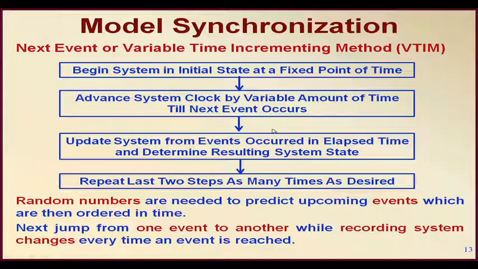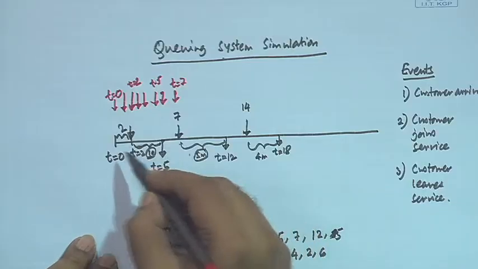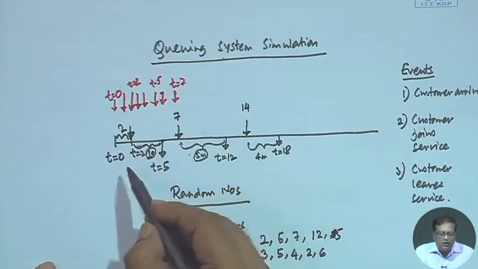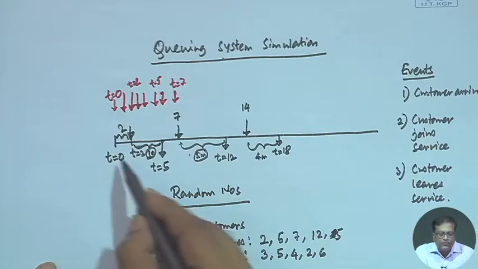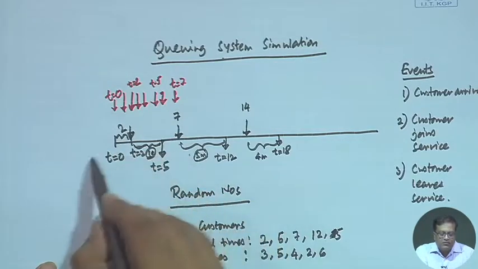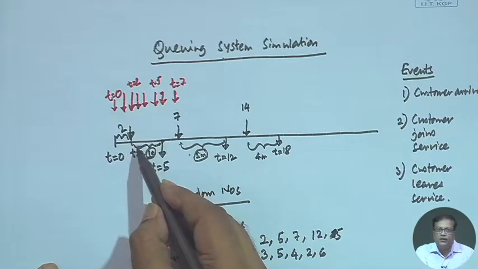Let us look at the other method, which is called the variable time increment method. What happens here? Look at the diagram that we have drawn. You see at t equal to 0, system starts. Up to t equal to 2, nothing happens.